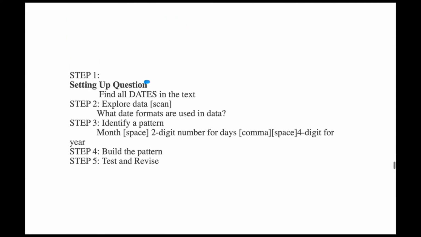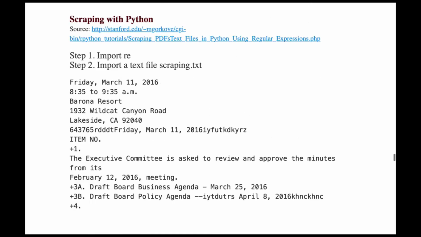So we need to explore our data by scanning and define what formats are possibly out there. We may not find all of them, consider if our data is very large, but we can have at least some understanding. Then we're going to identify the pattern. What we found so far, we have a month, followed by a space, then a 2-digit pattern for the date.